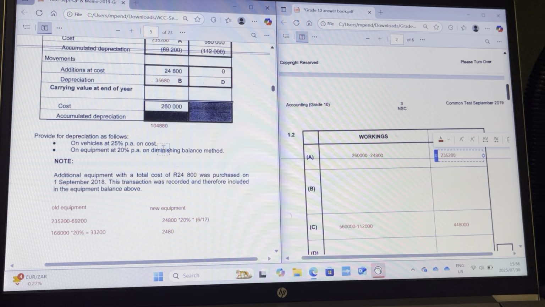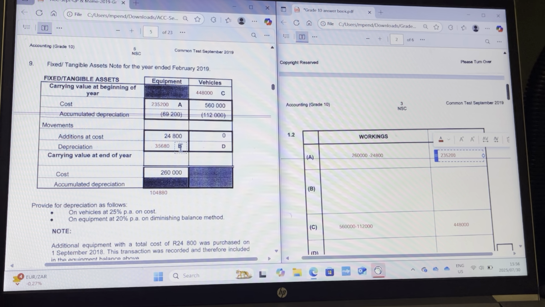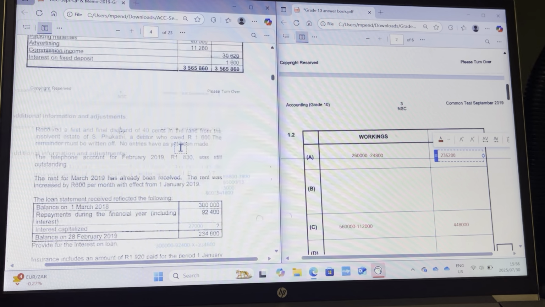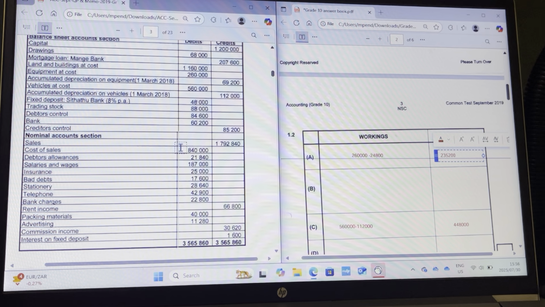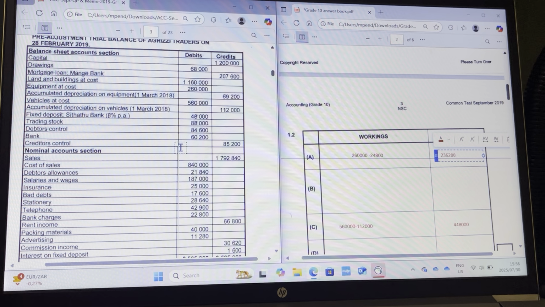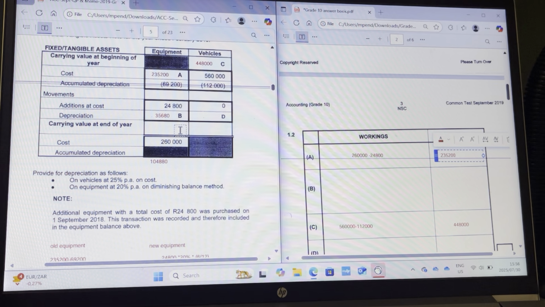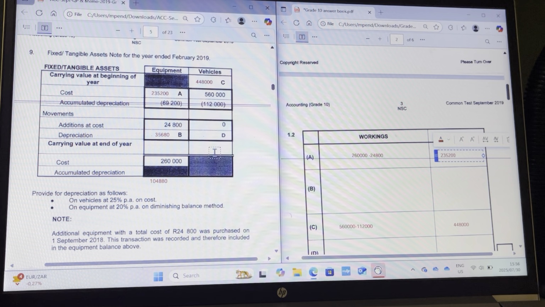And then vehicles, we're told it's 25% per annum on cost. And our vehicle cost is 560.